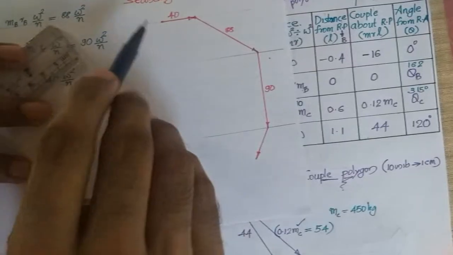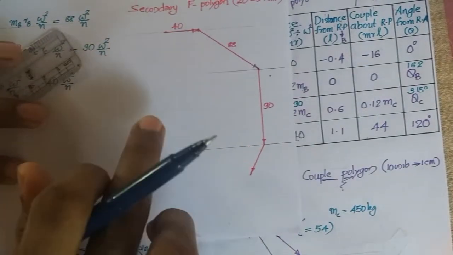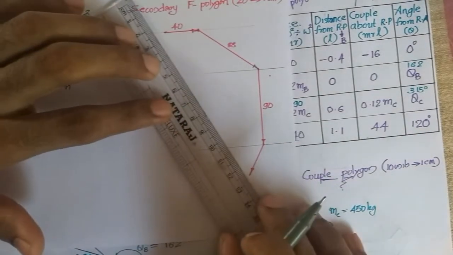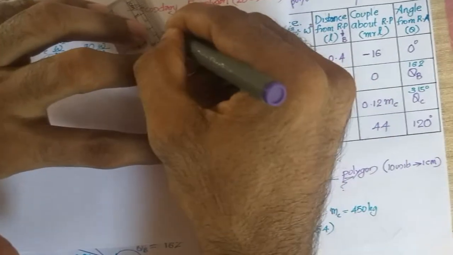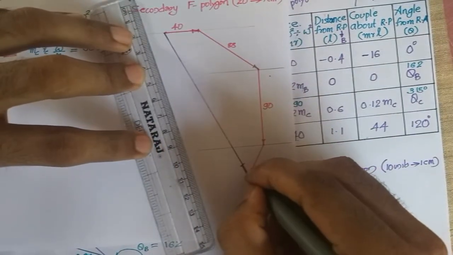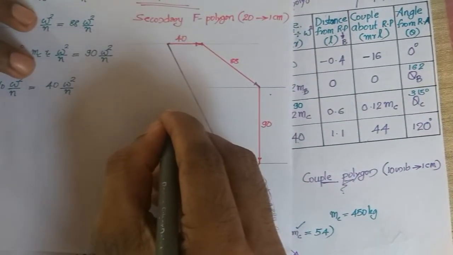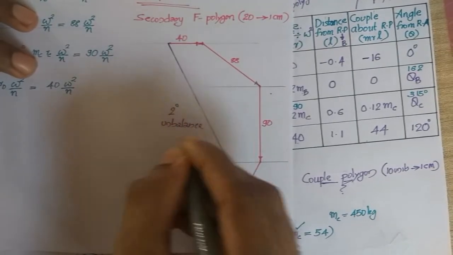Since it is open, the vector is starting here and ending here. Since it is not a closed one, there is a secondary unbalanced force, and that unbalanced secondary force will be given by this vector. So this is the final thing which is asked in this question. If you are measuring, this will give you the secondary unbalanced force.